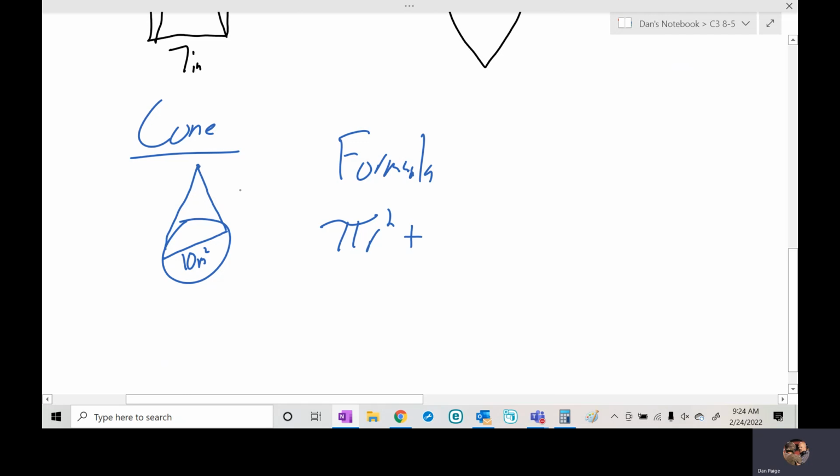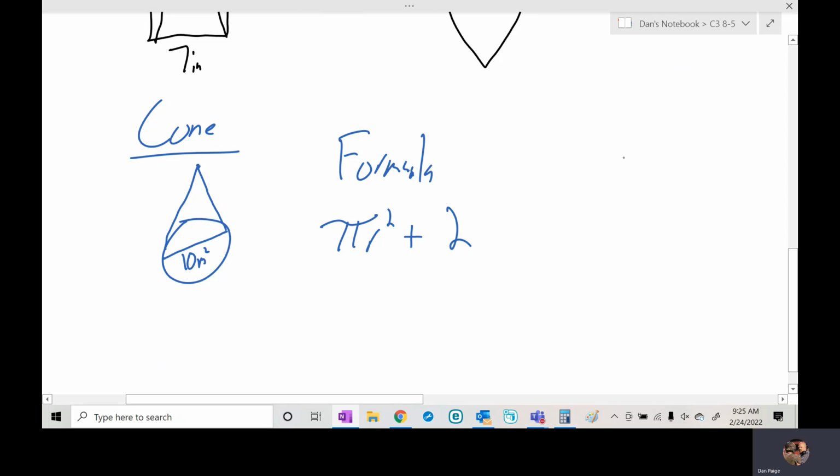Then the lateral area, it just has this formula, and I could explain it to you, but it's not really worth the full explanation. Now, be careful how we write this here.